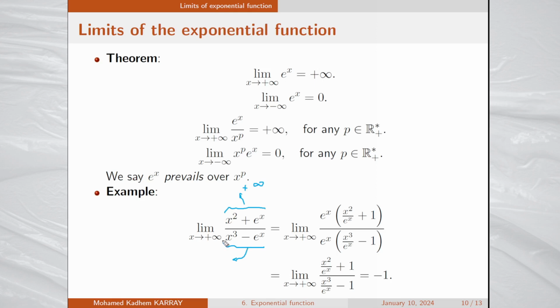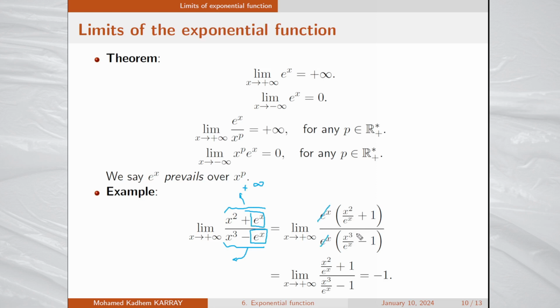So the idea is to factorize by the strongest term. The strongest term here is the exponential. Also here, the strongest term is exponential. So we factorize by this term, and we see that the exponential simplifies.